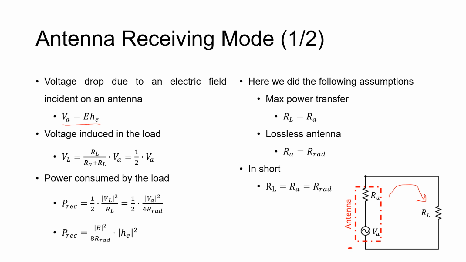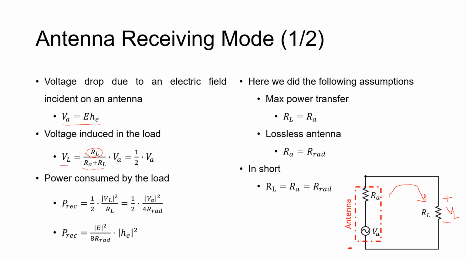And what is the relation between the voltage across the load and this voltage? Simply, you have a voltage divider, so your VL equals RL, the resistance which you would like to calculate the voltage on, divided by the two resistances which are RA and RL.